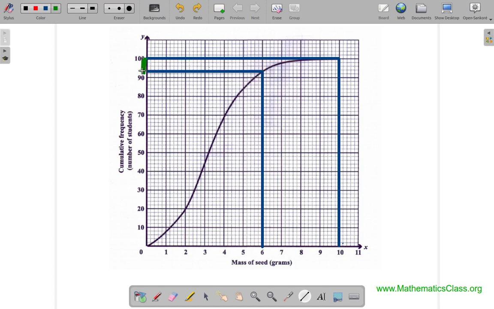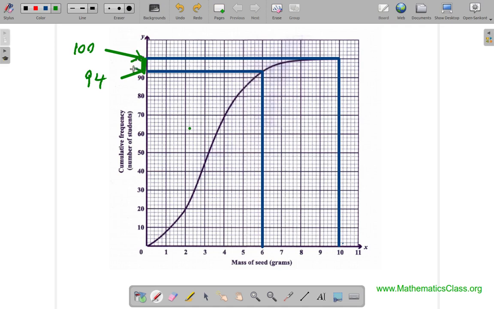Now, this number right here seems to be about 94, as I said before, and this number is 100. You see that? So this represents 100 and this represents 94.